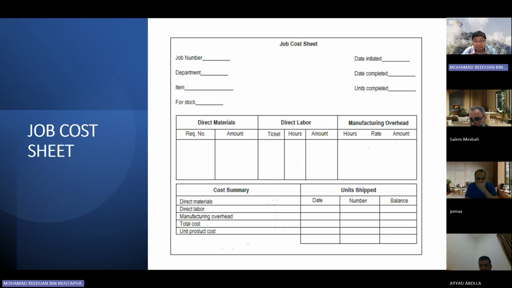Or this design can be put into the computer or maybe the telephone, by apps. So it can be done in any way. This is one example of the job cost sheet, and the design depends on the management, because in managerial accounting the information is based on management requirements.